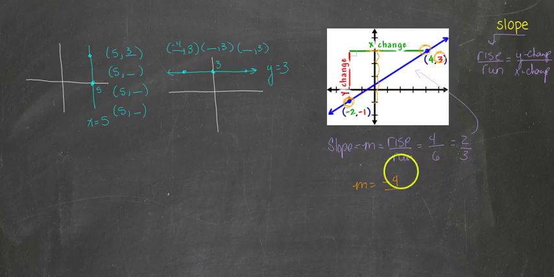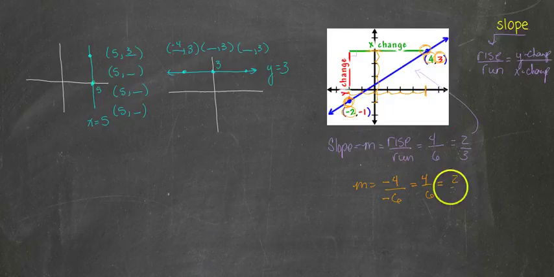Oh, looking like maybe I'm going to have a different slope. But notice what happens with the x ordinate. If I start at 4 and move toward -2, I'm going to run backward as well in the opposite direction. And when I run backward, I go -6 units. I go the same distance, I just go in the opposite direction. 2 negatives makes a positive, so I have 4/6, and 4/6 reduces to 2/3.